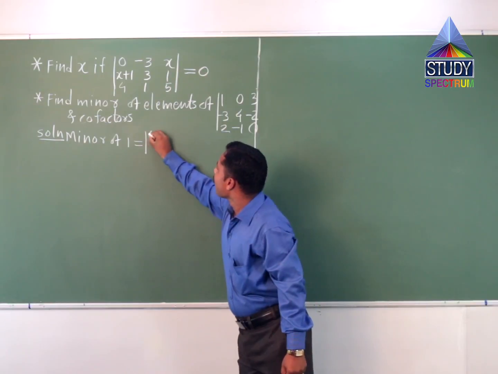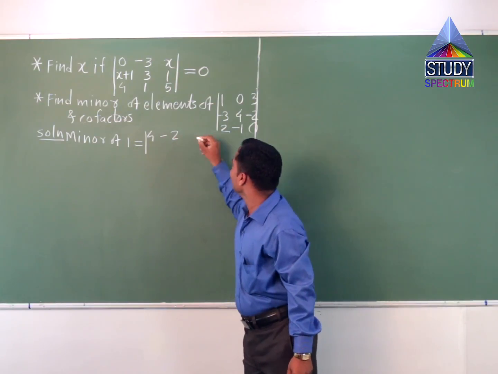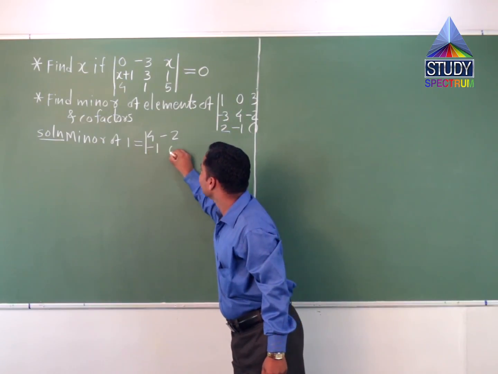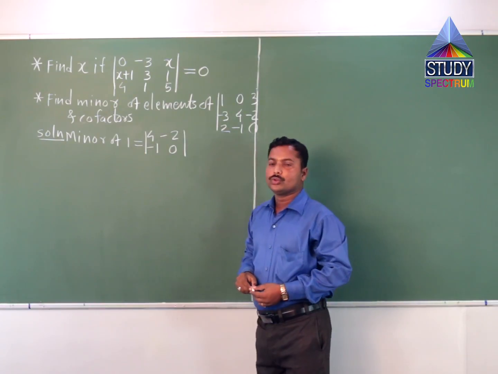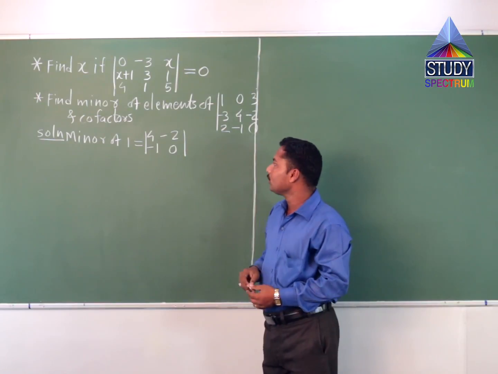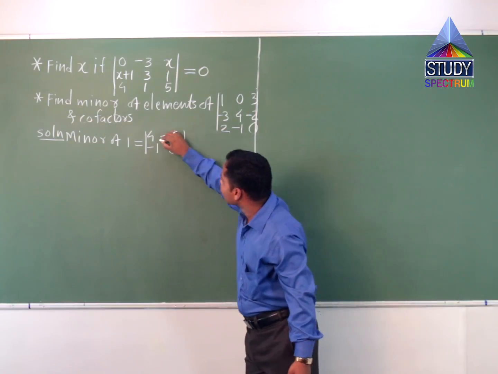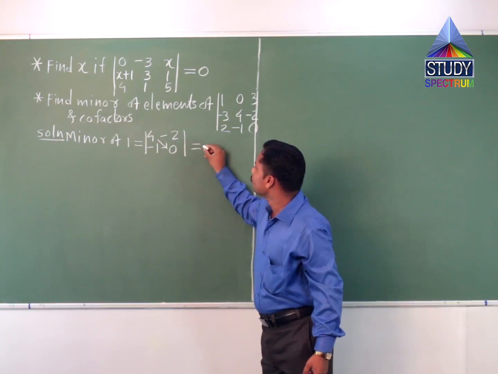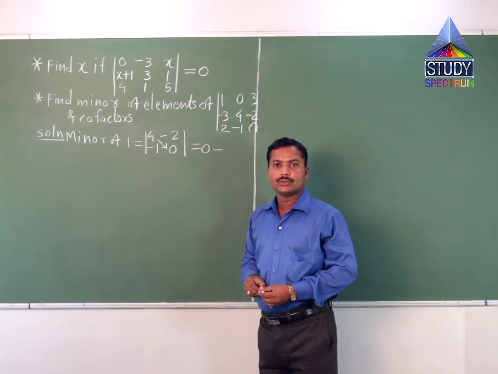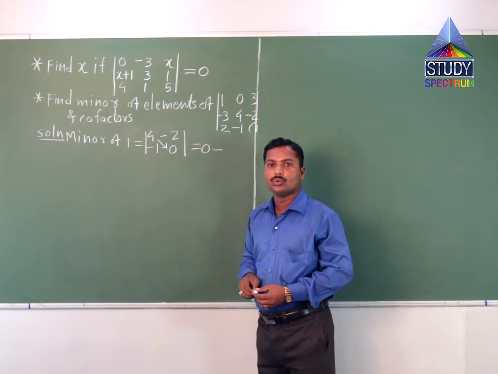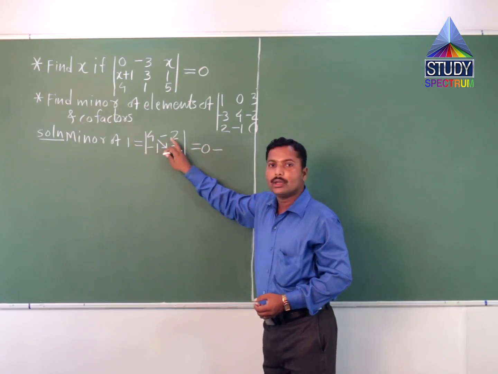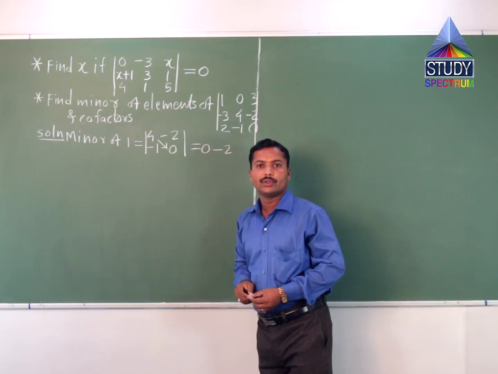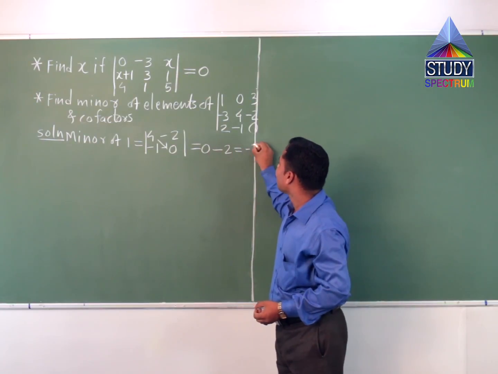This is also a 2 by 2 determinant, so we take cross multiplication. So 4 into 0, 0, minus 1 into minus 2, plus 2, so 0 plus 2 equals 2.